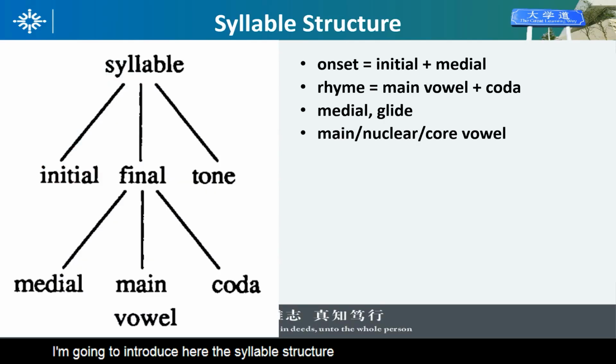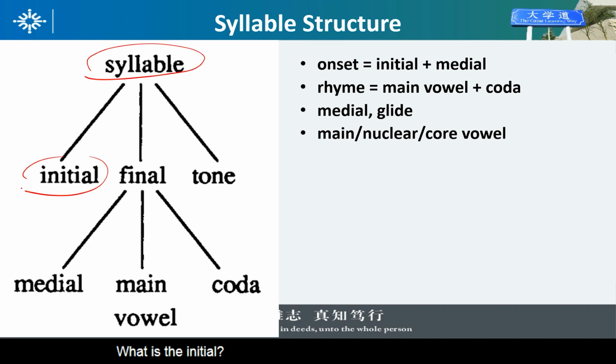Anyway, I'm going to introduce here the typical syllable structure of a Chinese syllable, right? So a syllable usually can contain different parts. Initial. What is initial? In most cases, initial stands for the consonant appearing in front of a syllable. What about medial? Medial sometimes can be called the glide.